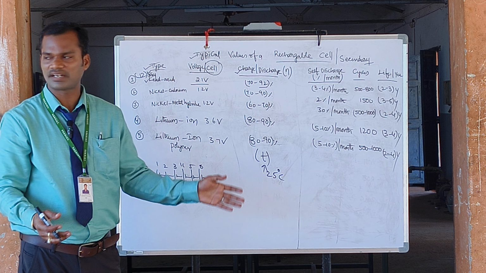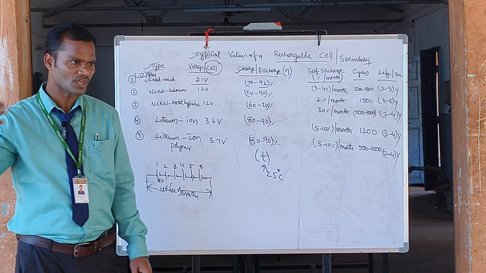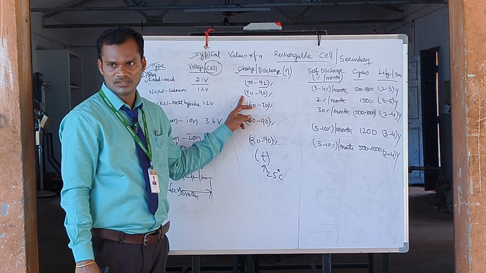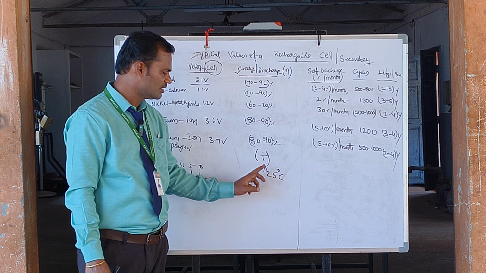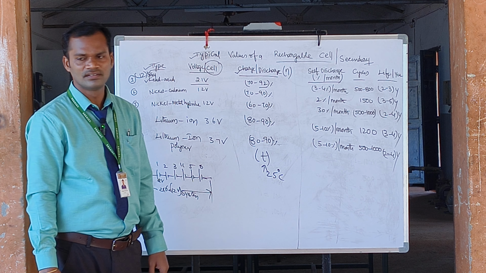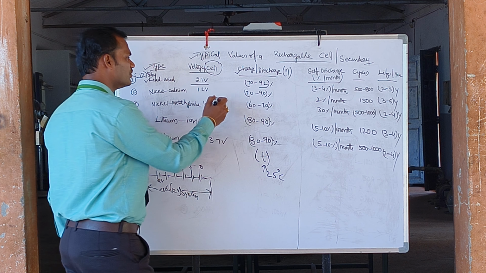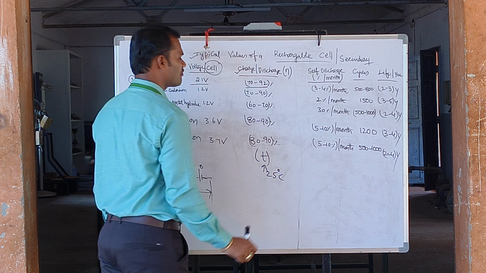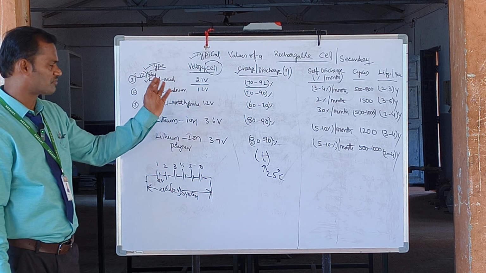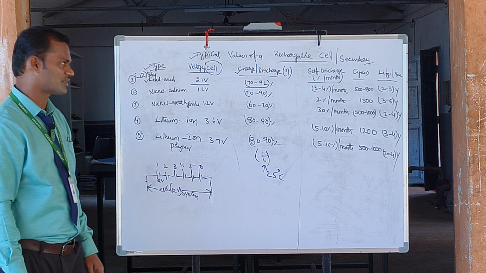If you keep these batteries in sunlight, automatically efficiency will drop to 50%, 10%, 20%. To have exact efficiency, you should maintain that temperature, and automatically the efficiency of the battery is going to increase. A lead acid battery will have a minimum efficiency of 70% and a maximum of 92%.